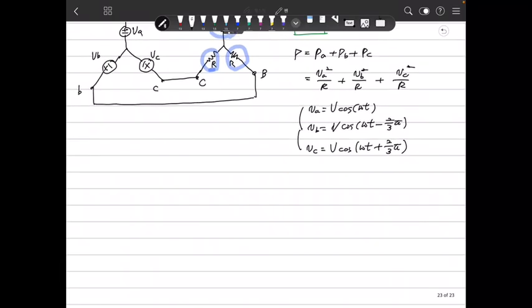So therefore, we apply that here. So P is 1 over R, VA square, VB square, VC square.